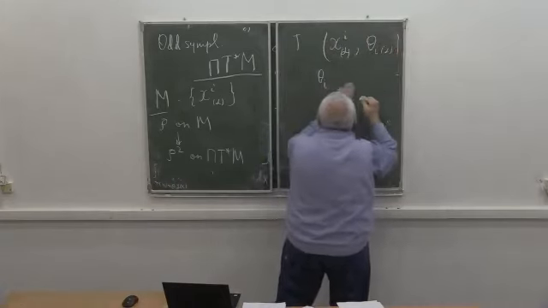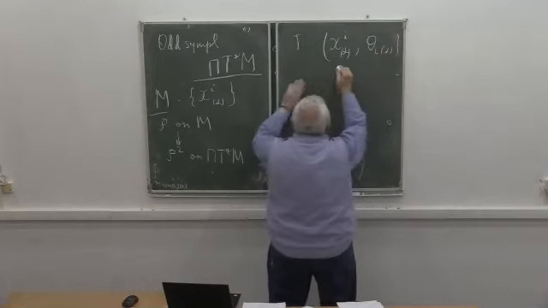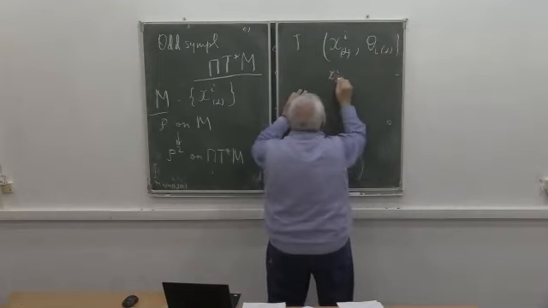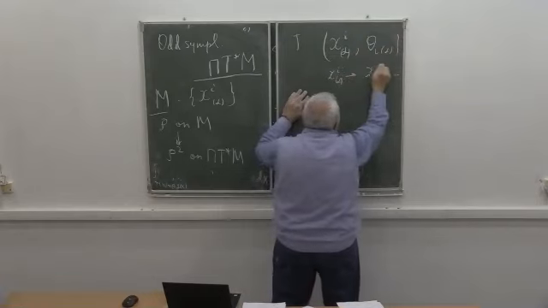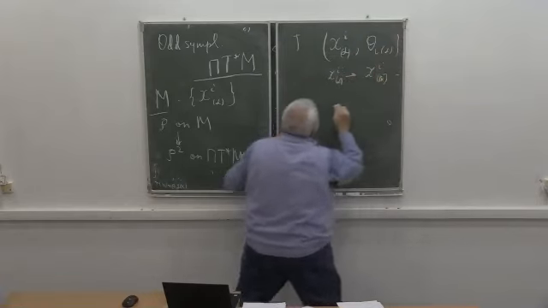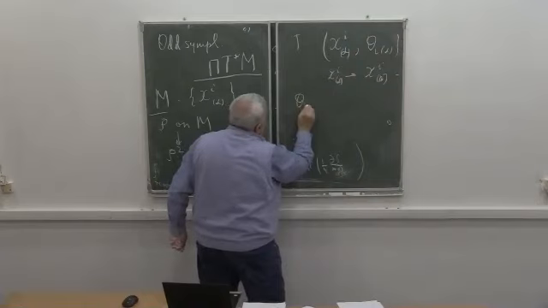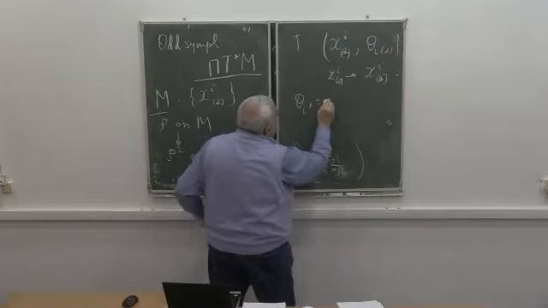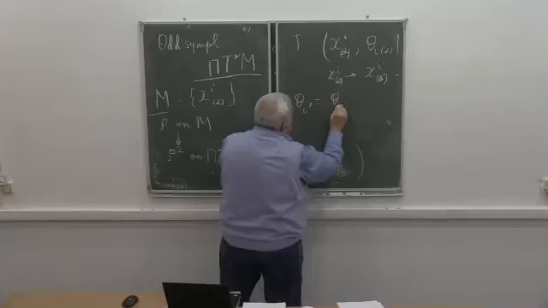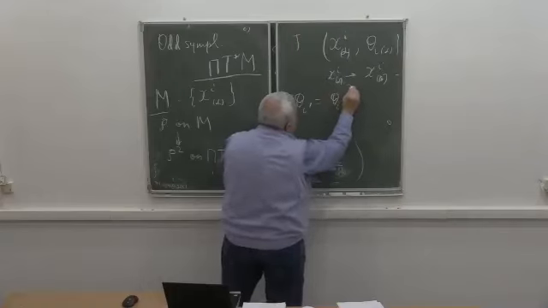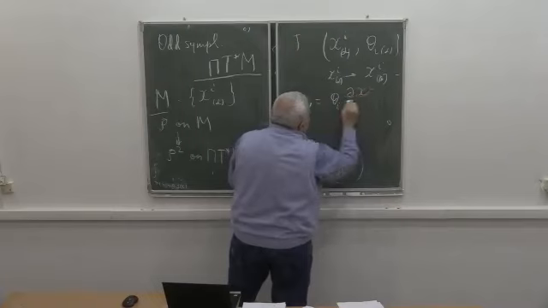But if you go from the chart x side alpha to the chart x side beta, you have theta I beta equals the derivative of theta I beta by x I.